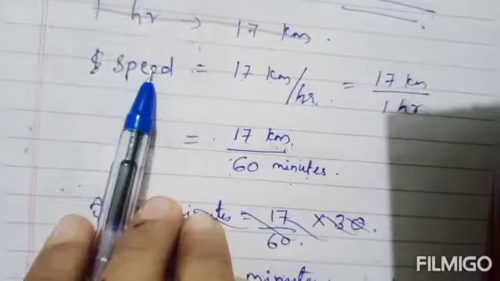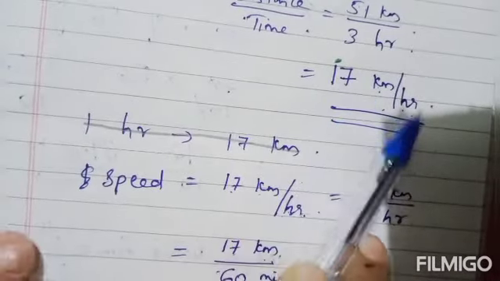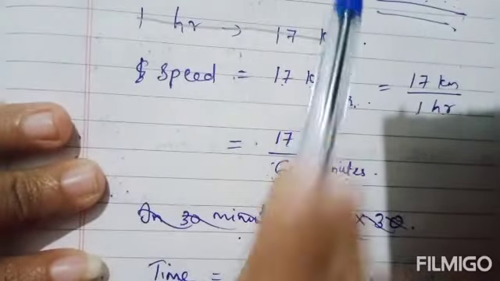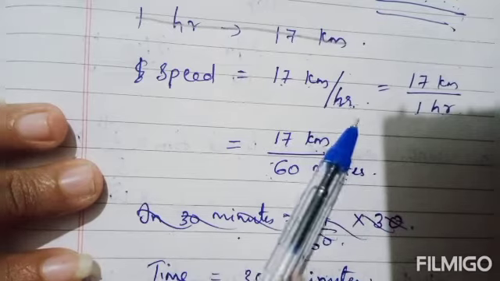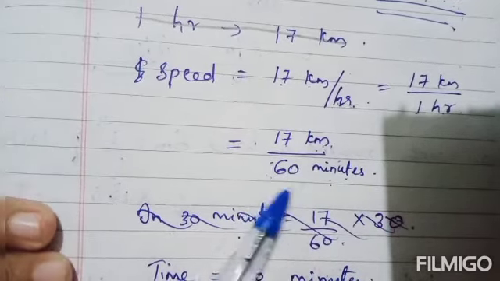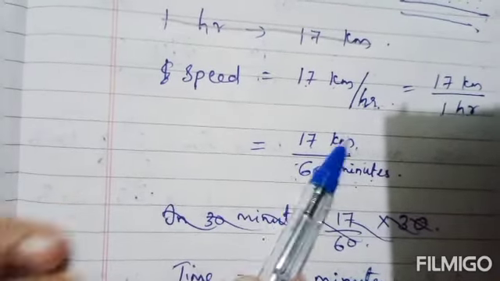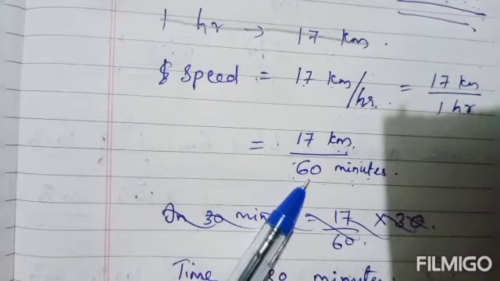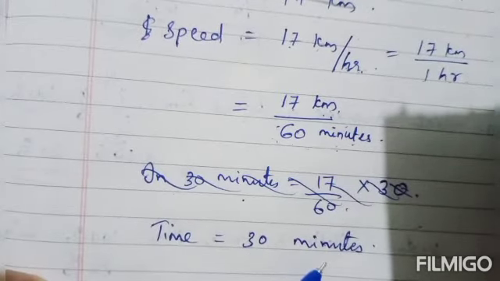Speed we found just now, 17 kilometer per hour, but this hour you have to convert to minutes. So in place of 1 hour, you can write 60 minutes. So speed equals 17 kilometer per 60 minutes, and time is 30 minutes.